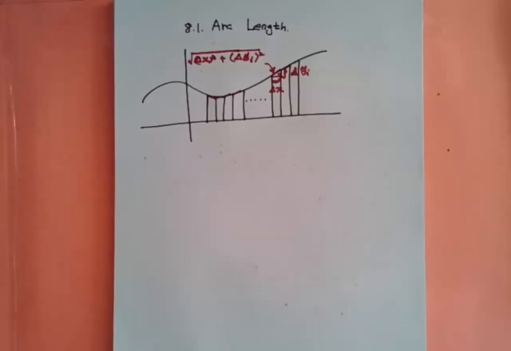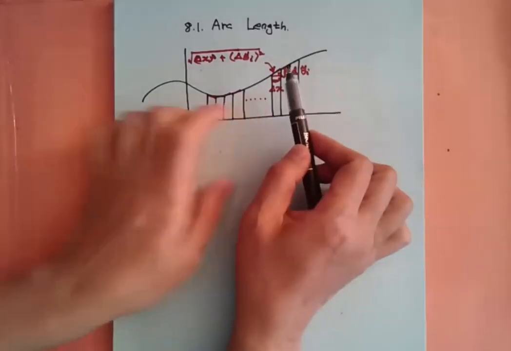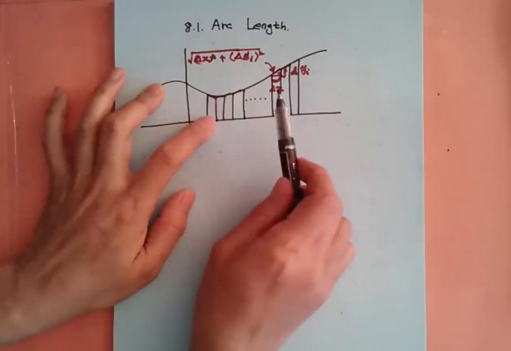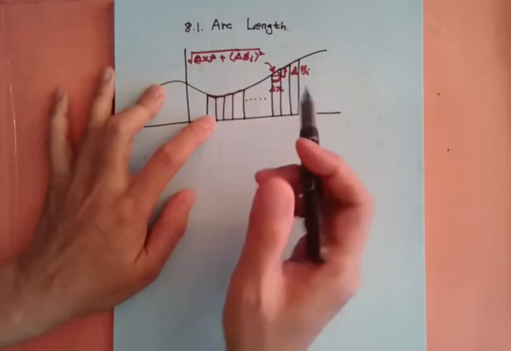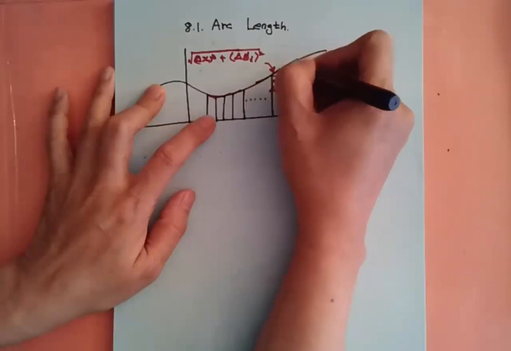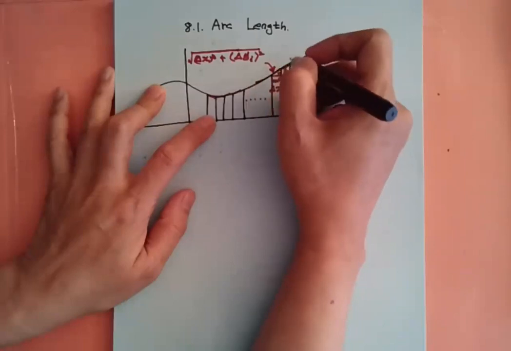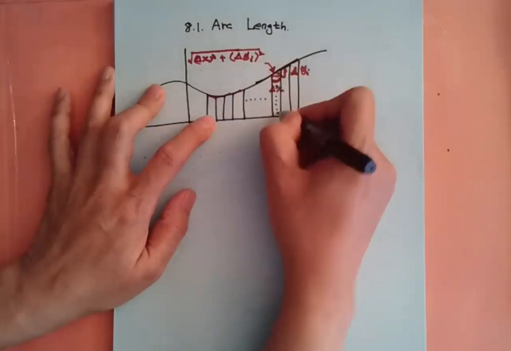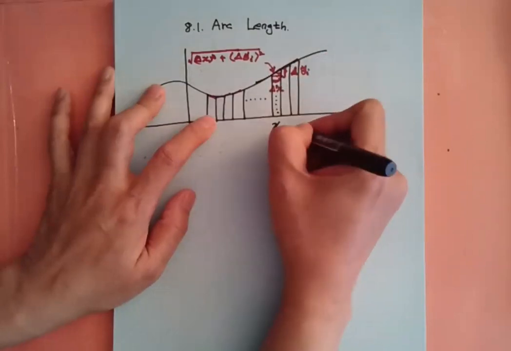And what we realize is when this subinterval length becomes very, very tiny, this hypotenuse is almost identical to the tangent line. So let's say this is xi star.